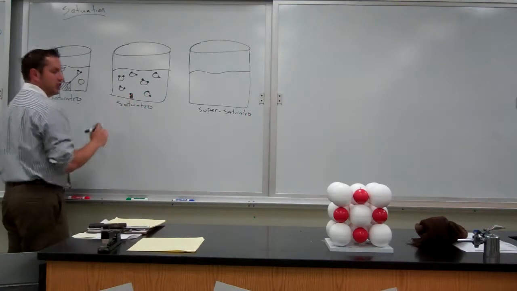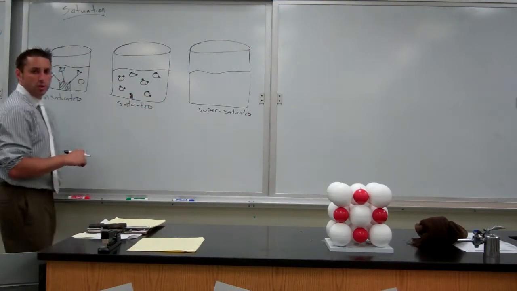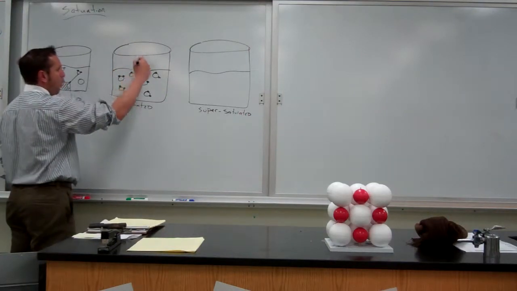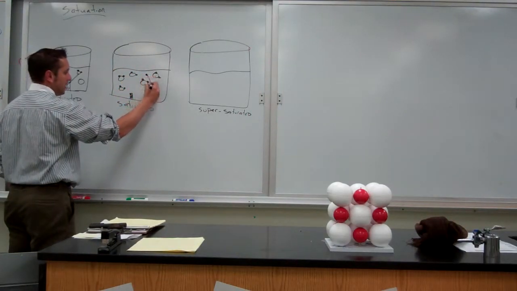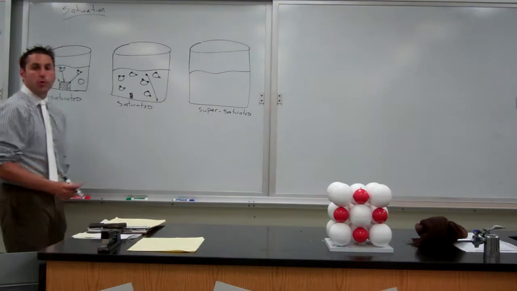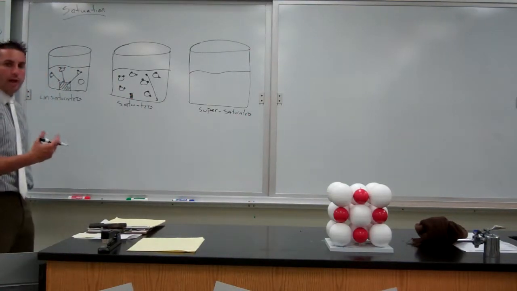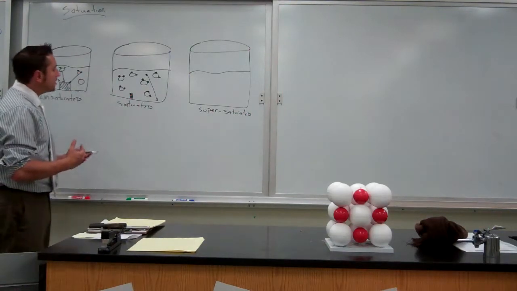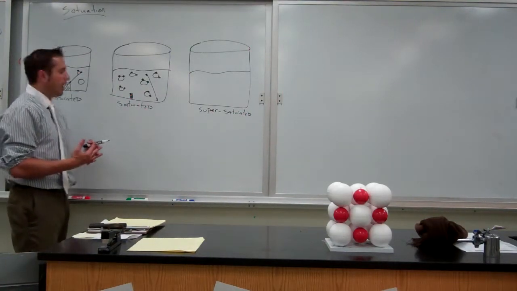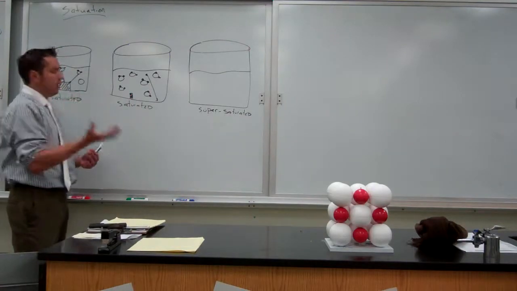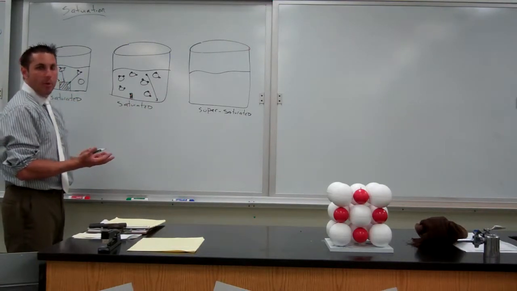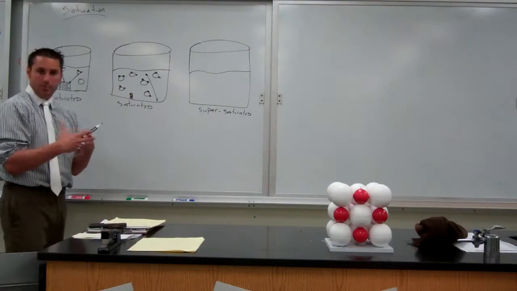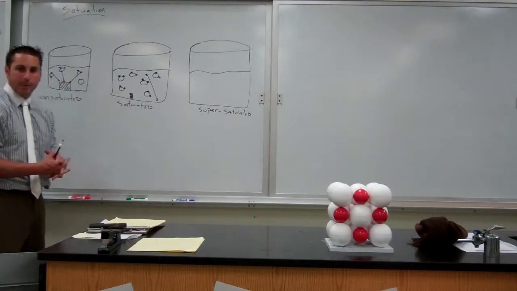It wasn't enough to dissolve the crystal cube that was in there, and if I dropped more in, a solid piece would fall through because the water is no longer able to hold any additional solute. You see this all the time when people over-sugar their iced tea. You get a big amount of solid sugar at the bottom that couldn't dissolve because the water that was making up the tea was holding the maximum amount.